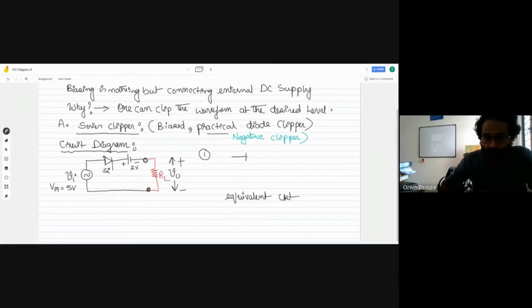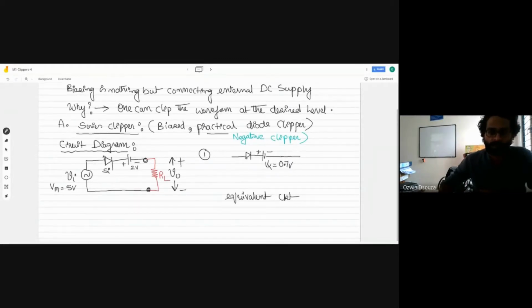So I'm going to replace this diode with a practical diode, I mean the equivalent circuit. This is the barrier potential of the diode, plus minus, and let us write it as Vk. The diode is made of silicon, hence the value of Vk is 0.7 volt.